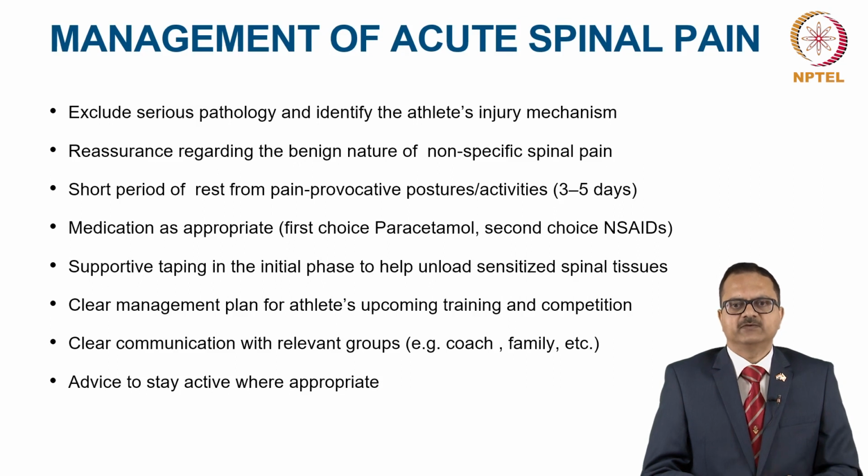Then you identify the athlete's injury mechanism. Reassure the athlete regarding the benign nature of the non-specific spinal pain. Give him a short period of rest, not more than 3 days. In rare cases, you give him 5 days. In no case should it be more than 5 days of rest.